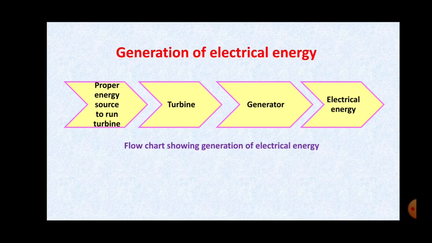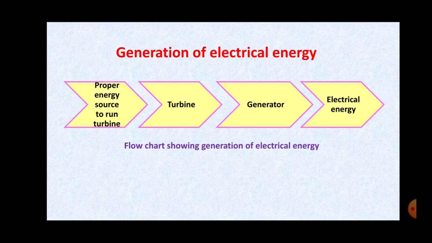The energy source in the different plants is different, whereas the further processes are almost the same in all the power plants where the electrical energy is generated. In the very first step, you can see the raw material which is used, that is the proper energy source to run the turbine.